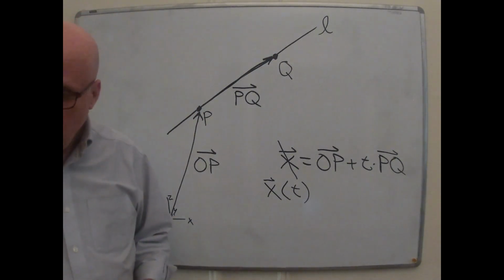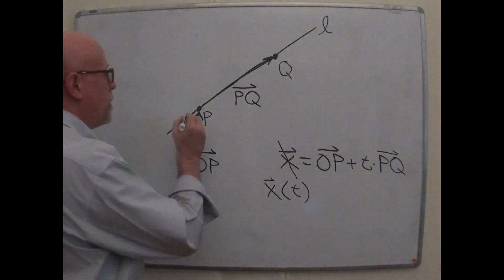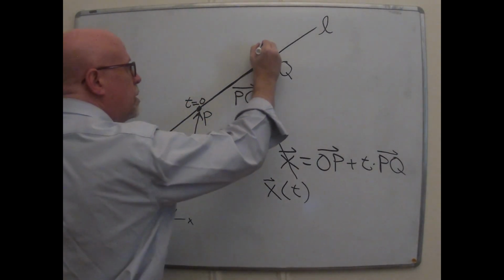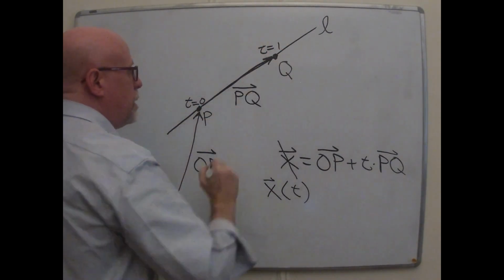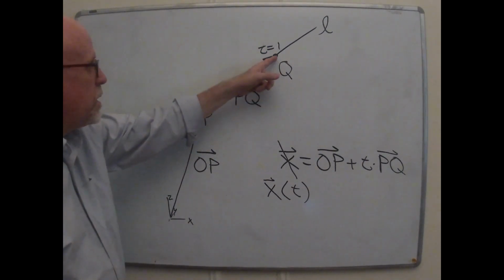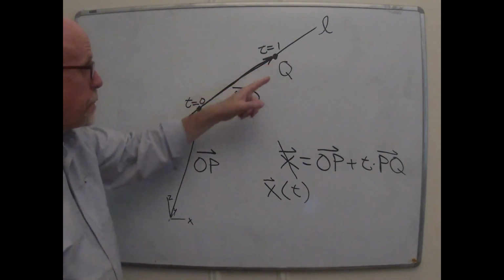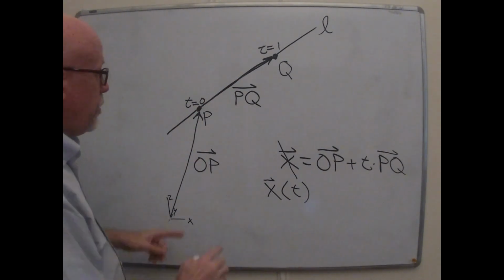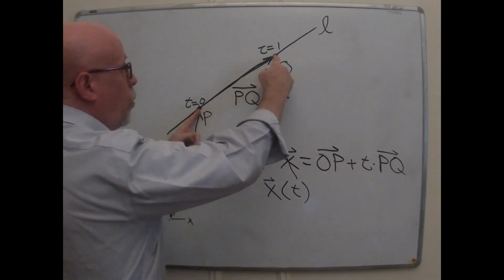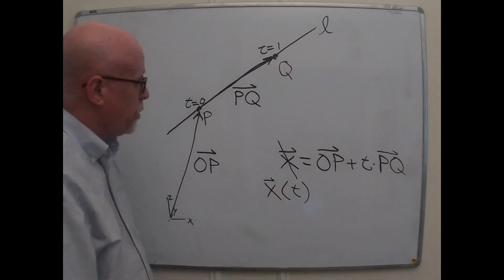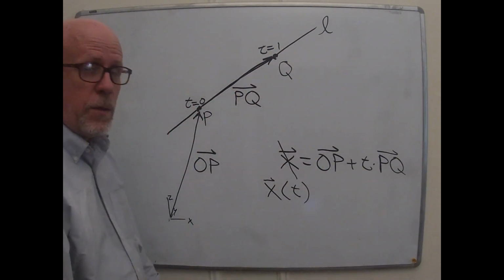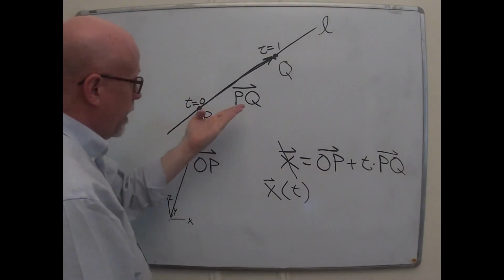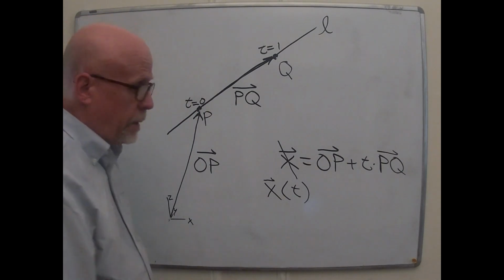In fact, it does a little more than just give the direction, because think about this. If this is where you are when t is 0, and this is where you are when t is 1, doesn't the length of this thing tell us how fast we're going? And its direction tells us which direction we're going. If you go this distance in 1 second, that distance per second is your speed. The direction plus its length, that magnitude, that vector, is your velocity.